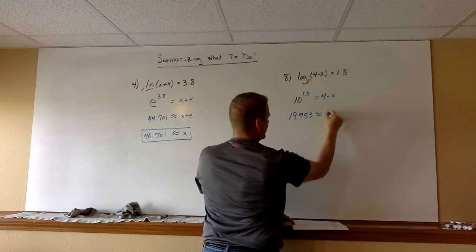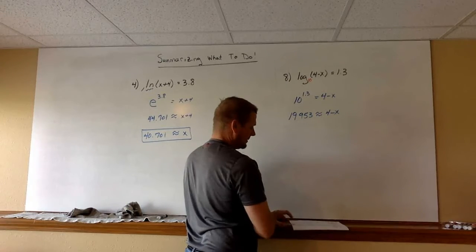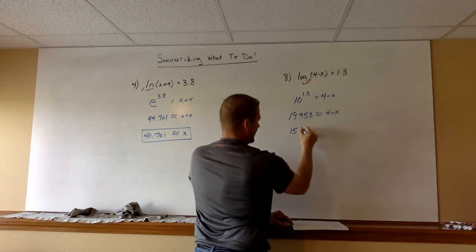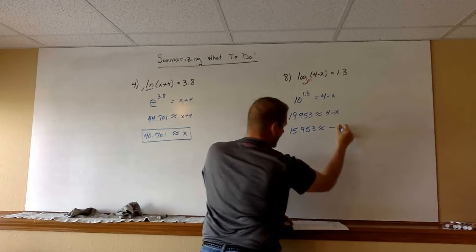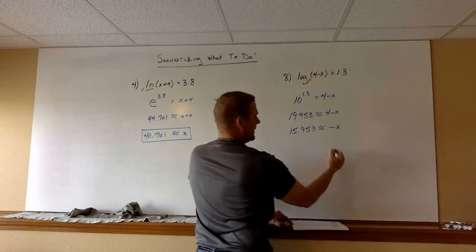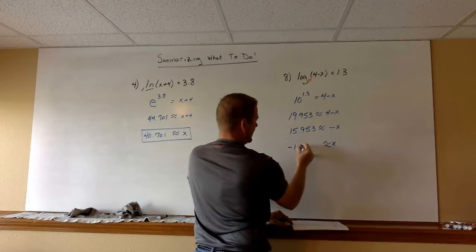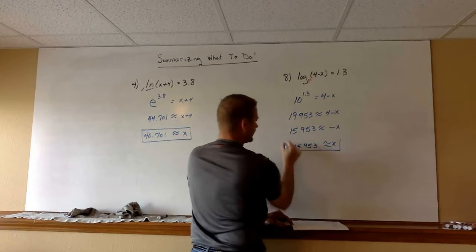That's about what 4 minus x equals. I would subtract 4 from both sides, and I would get 15.953. That's approximately what negative x is, and x isn't alone, so x is actually approximately equal to negative 15.953. Okay?